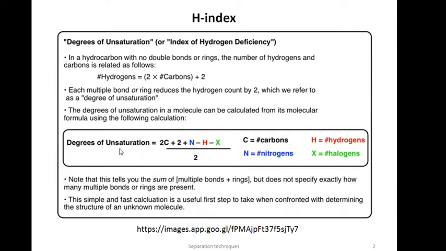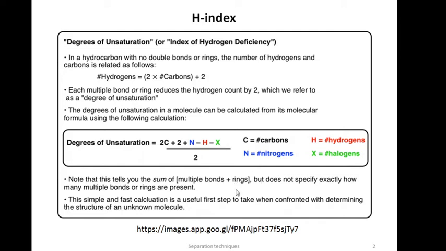Degree of unsaturation, which is nothing but the H index, is equal to (2C + 2 + N - H - X) divided by 2, where C is the number of carbon atoms, N is the number of nitrogen atoms, H is the number of hydrogen atoms, and X is the number of halogen atoms. This will tell us the sum of multiple bonds plus rings.